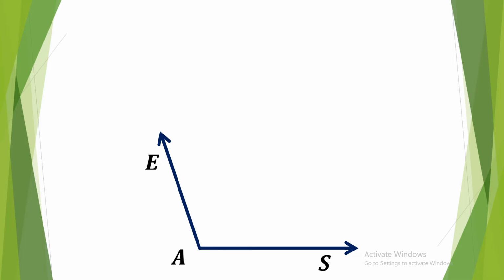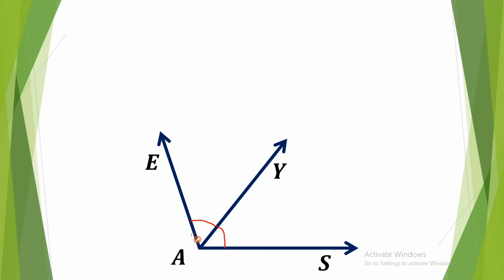Next, we have here angle EAS. Now, if we have a ray inside that angle EAS and name that ray AY, there are now two smaller angles formed. We have this angle, angle EAY, and this angle, angle YAS.